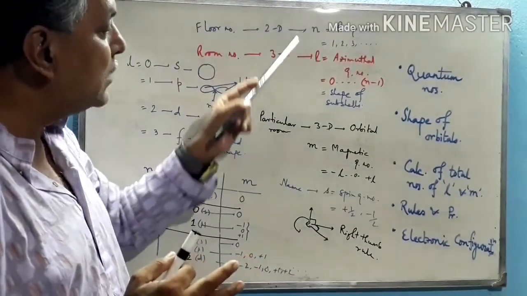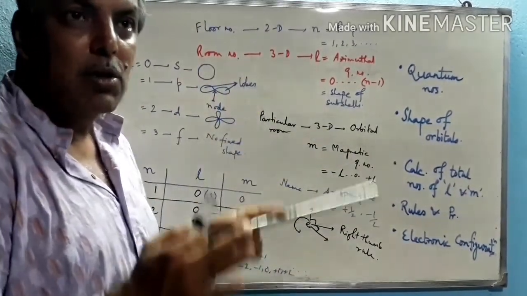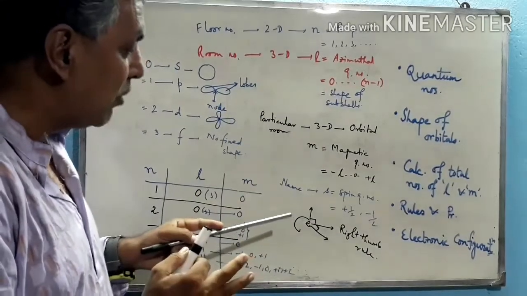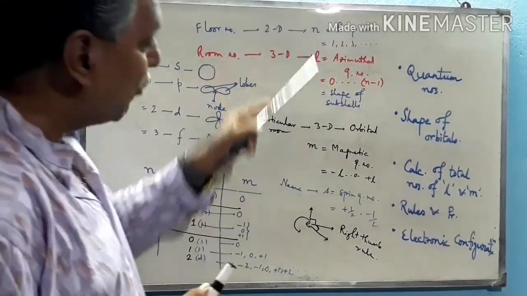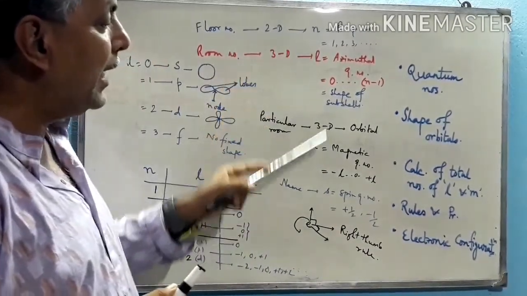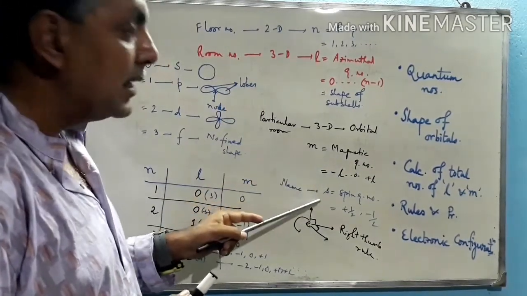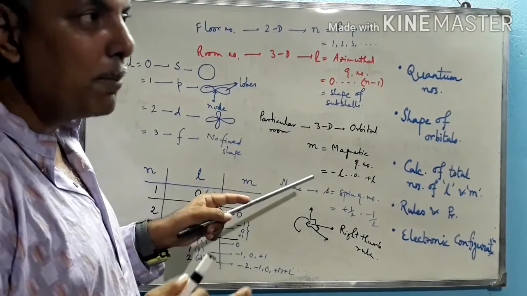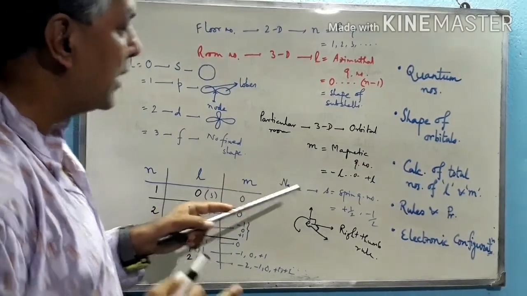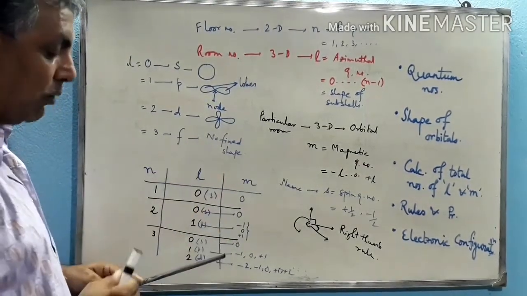That means these four quantum numbers are the address of an electron inside the atom. Among these, n, l and m are derived from the Schrodinger wave equation, but s is not. S is completely different. It is experimentally determined data.